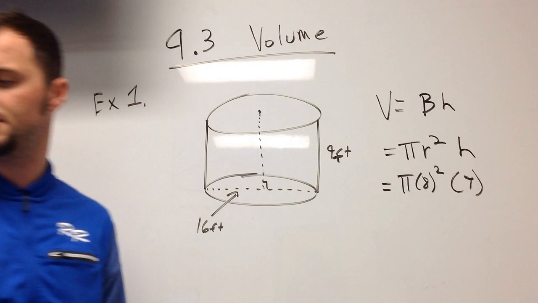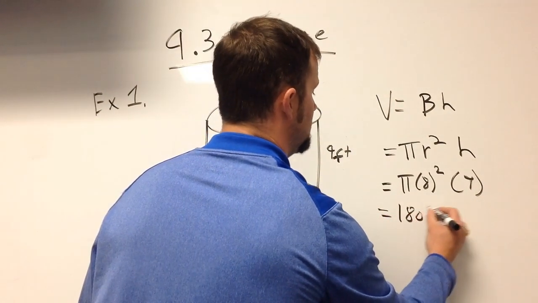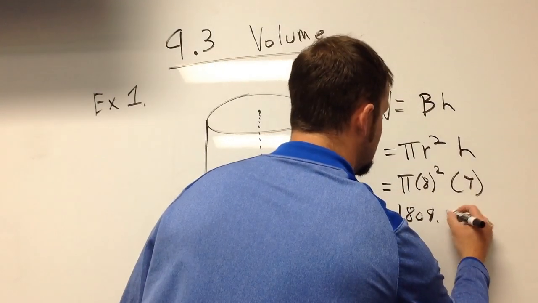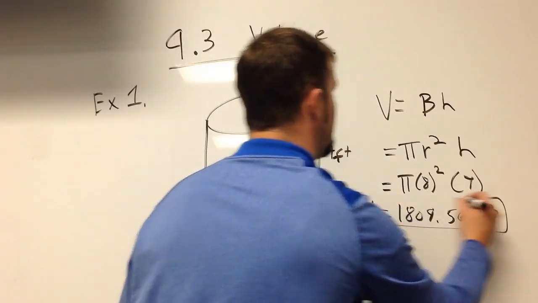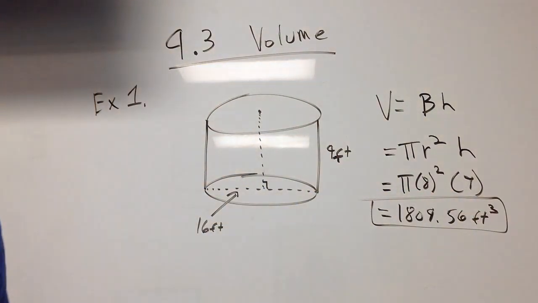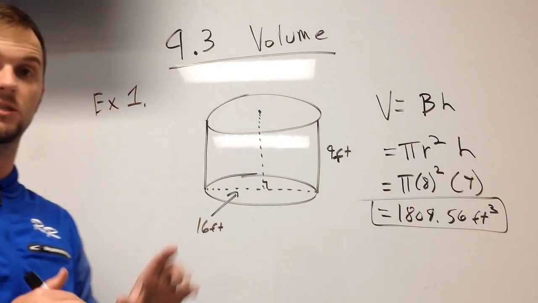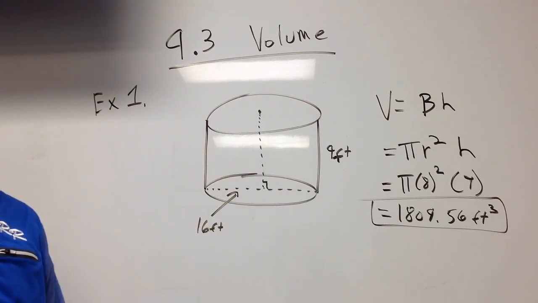So if I multiplied all this out to find my answer, I would get 1,809.56 feet cubed. Because remember, cubed is what volume is always measured in. So that means there is 1,809 cubes, 1 by 1 foot cubes that could fit inside of this cylinder there, ladies and gentlemen.